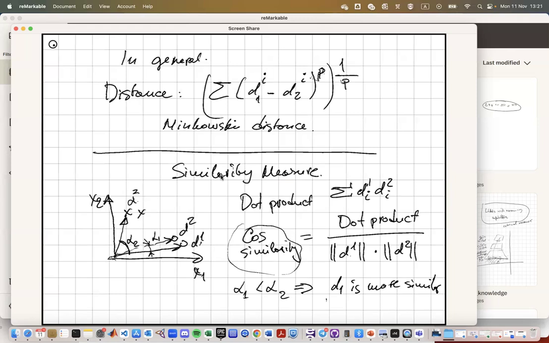With d1, d2, d3, d1 is more similar to d2 than to d3. The important point, which we will see later during today's class, is the usage of this measure of similarity, so that you can recognize it.